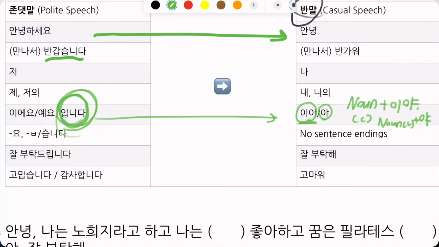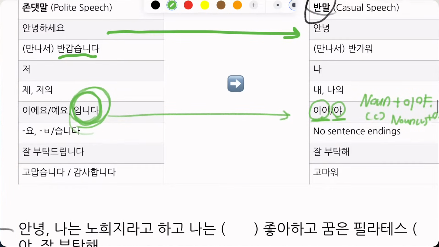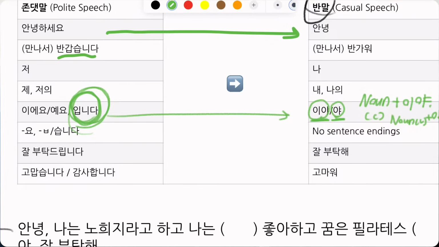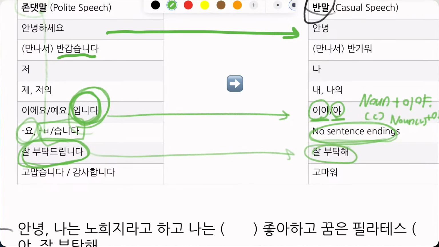But as for 이야 and 야, it does. 그리고 존댓말 has 습니다 ending or 요 ending, but 반말 does not have sentence endings. 그리고 잘 부탁드립니다 becomes 잘 부탁해. 그리고 saying thank you becomes 고마워.